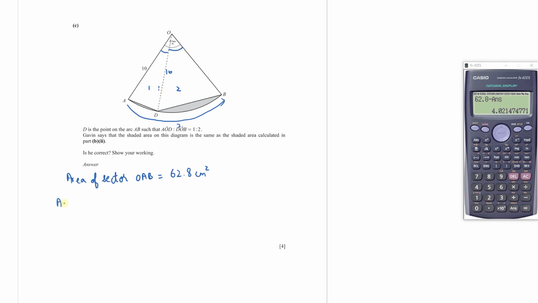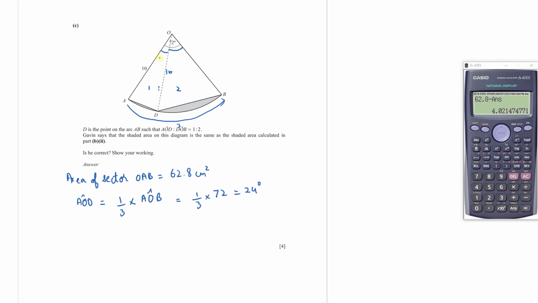So this full angle is 72 degrees and we know that it is divided in 1:2. So that means angle AOD equals 1 over 3 of angle AOB, because this is one part, this is two parts, and the total is three parts. So this is 1 over 3 of this full angle, 72. So this will be 1 by 3 into 72, which is 24 degrees.